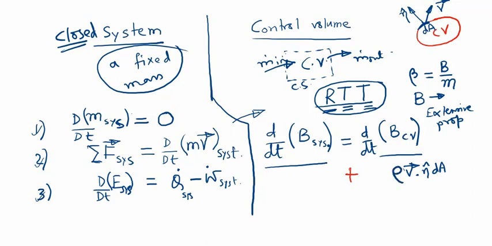V dot eta cap is nothing but the normal component of the velocity.